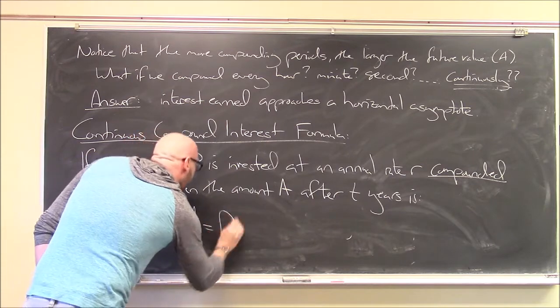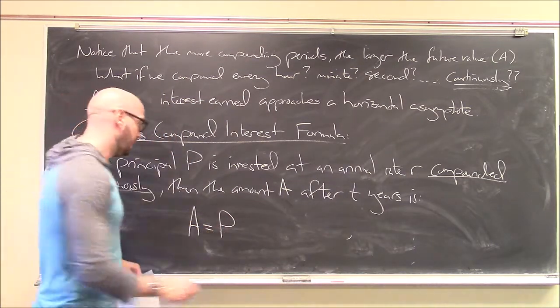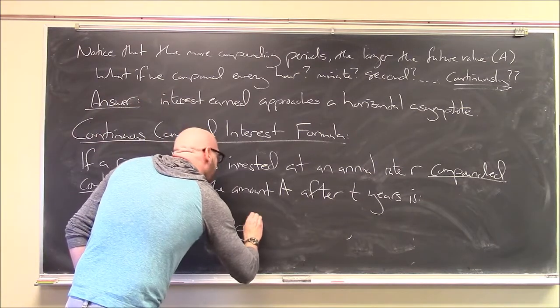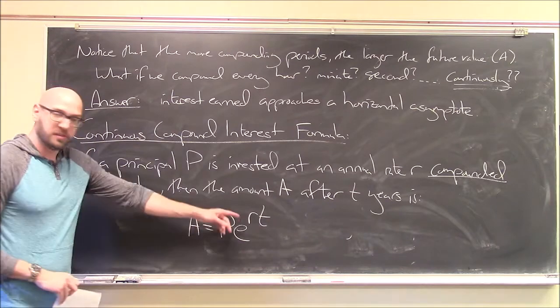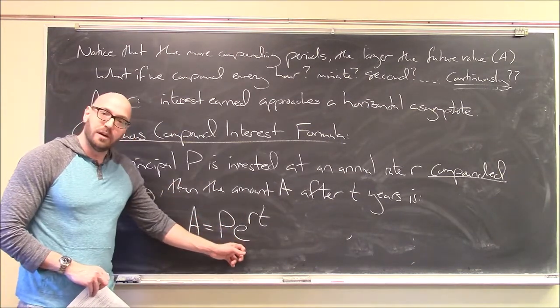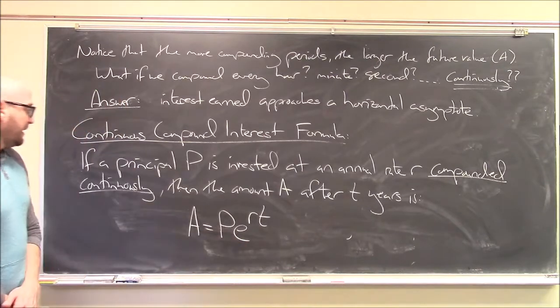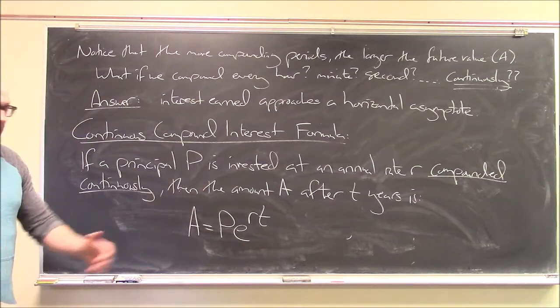A is P, so future amount A is equal to P, the principal, as always, times e to the power of RT. R is the annual rate, T is the time period in years, and e is this number we've talked about with logarithms, 2.72 something or other, but it's just a fixed constant.